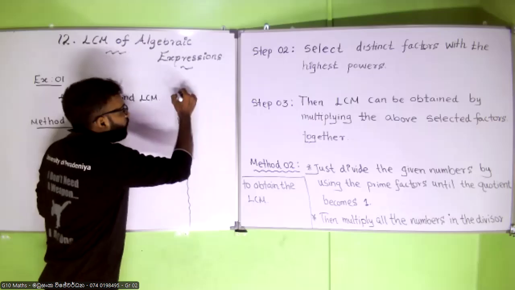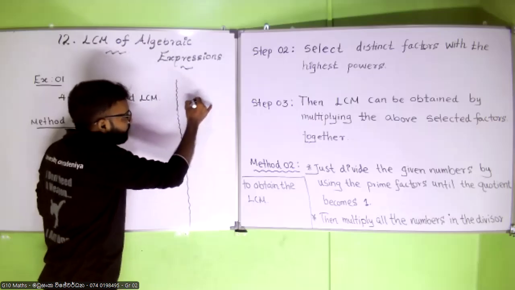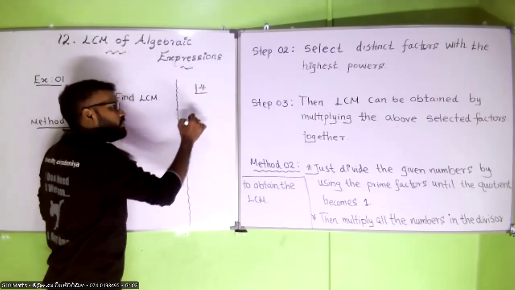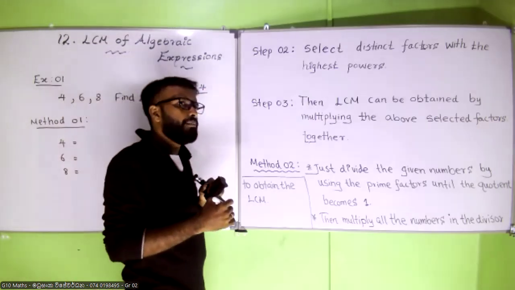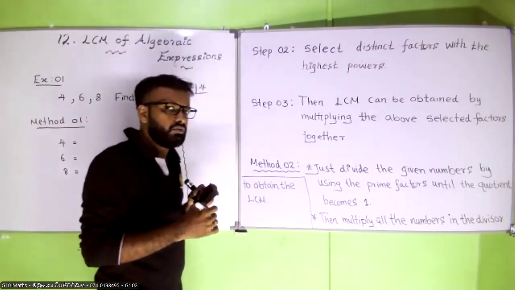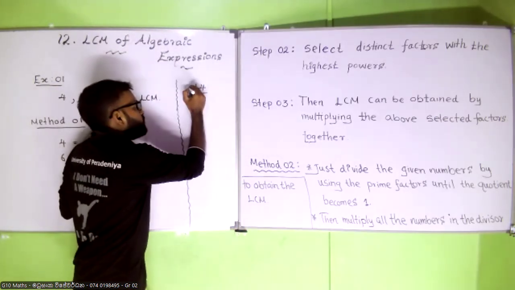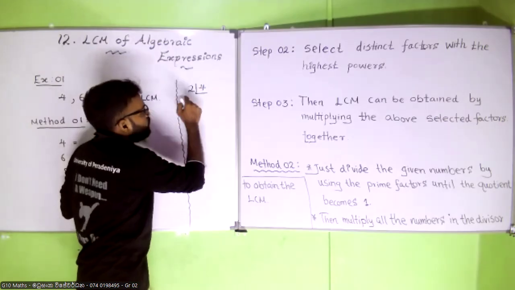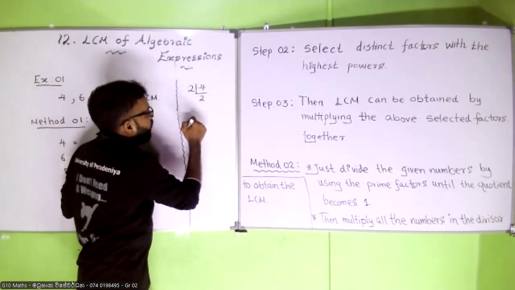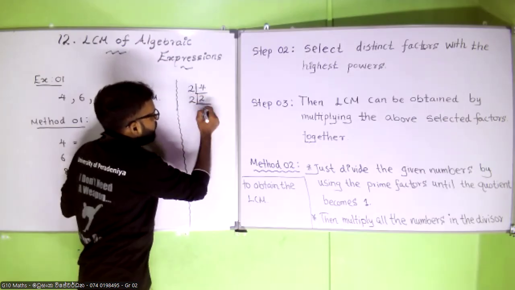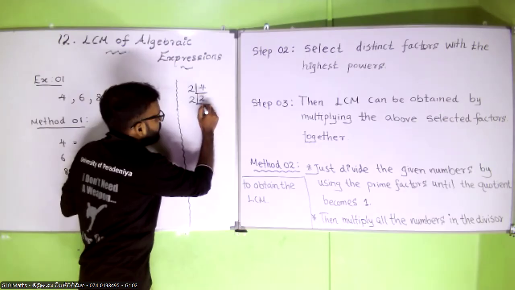Now, this is number 4. How am I going to represent number 4 using prime factors? We have to divide number 4 by its prime factors. The smallest prime factor is 2. 2 times 2 is 4.